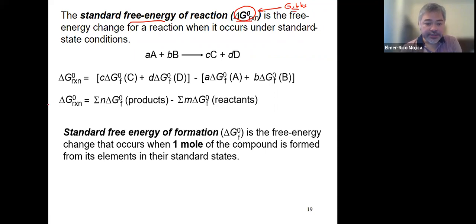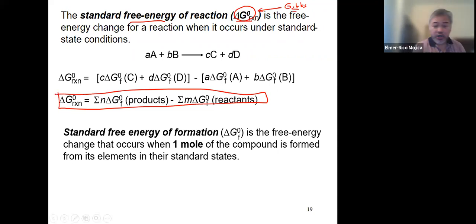So this is just one of the equations that you will know, and I call it the Big Mama equation. There are a lot of delta G equations that you will encounter, and this is one of the common ones.